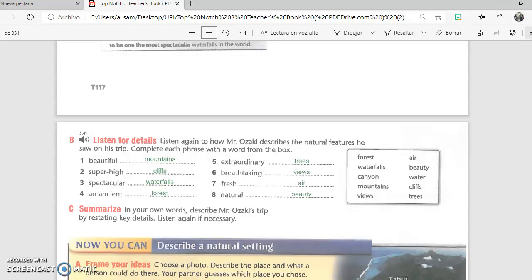Ok, tenemos forest, que significa bosque, waterfalls, cascadas, canyon, cañones, mountains, montañas, views, la vista, the air, el aire, beauty, belleza, water, agua, cliffs, lo que son peñascos, trees, los árboles.